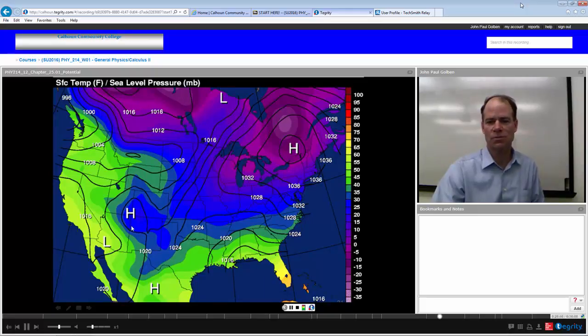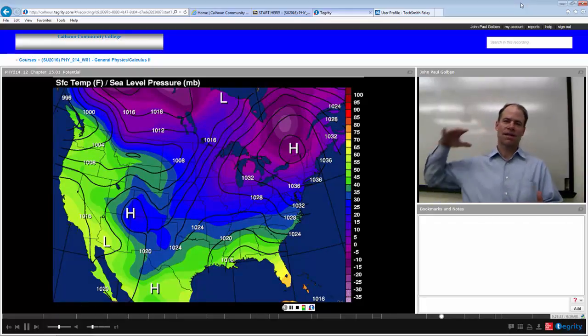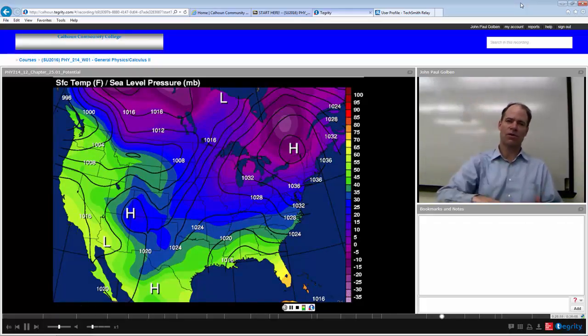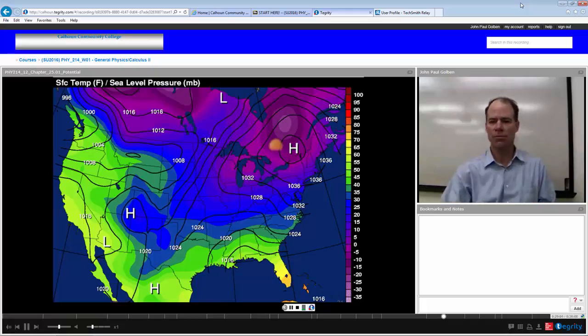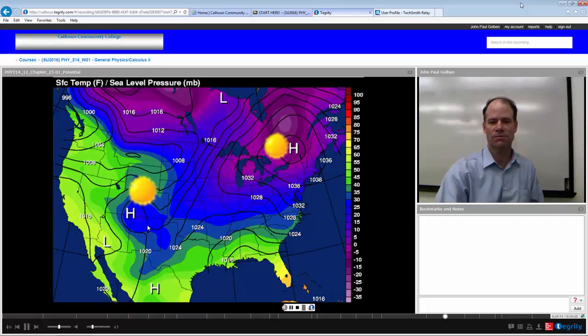So we make these isobar lines, and then we can isolate points of high pressure. Now, high pressure means that the air is moving downward, creating high pressure at that point, hence dissipating clouds, and you have fair weather. So at high pressure, you have fair weather over here, fair weather out west here.